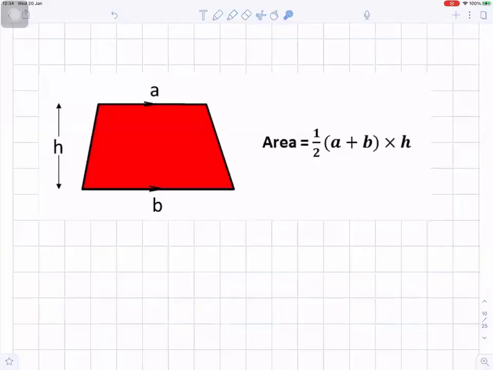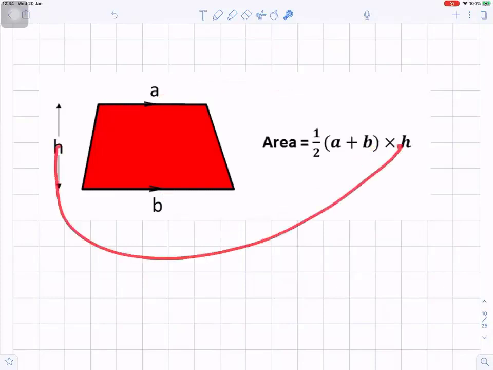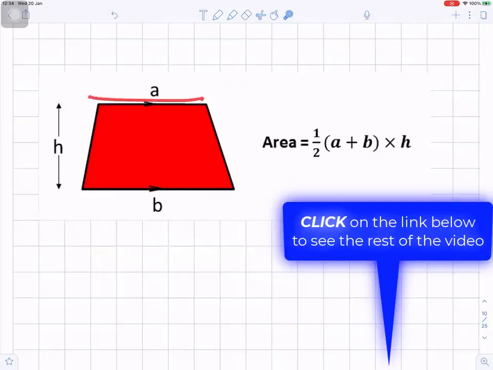We're going to be using this formula to find the area of a trapezium. The area is half the sum of the parallel sides A plus B, times the height between them.